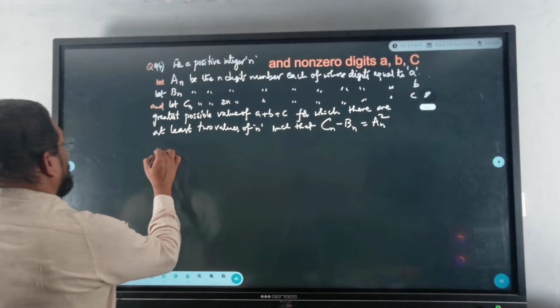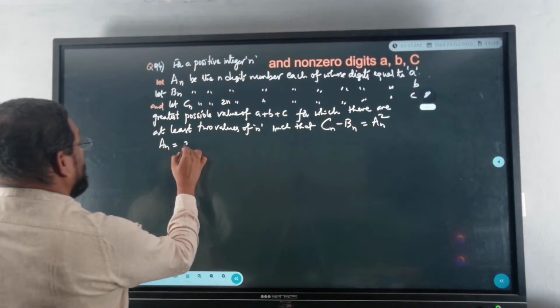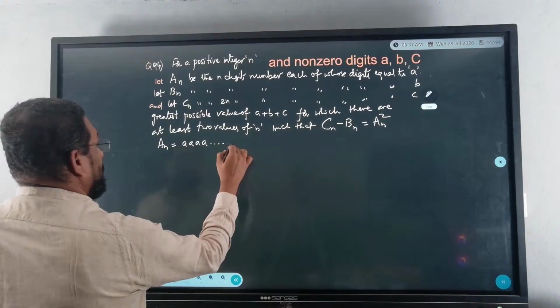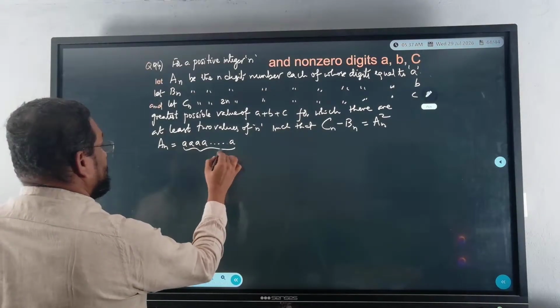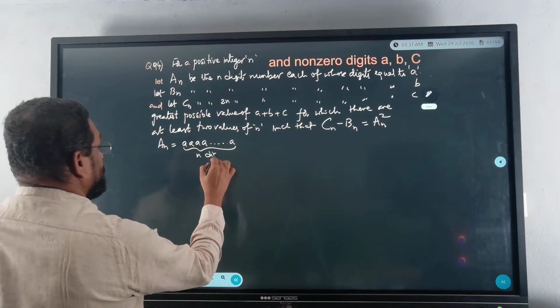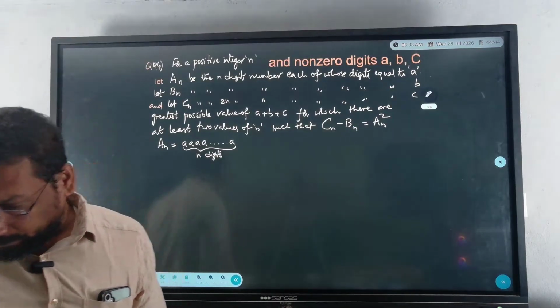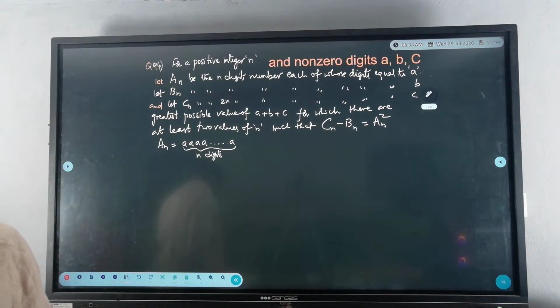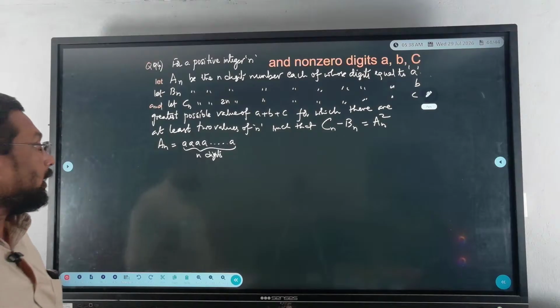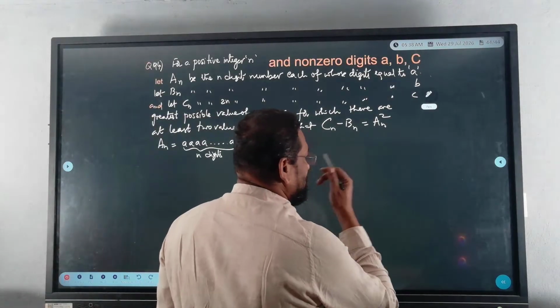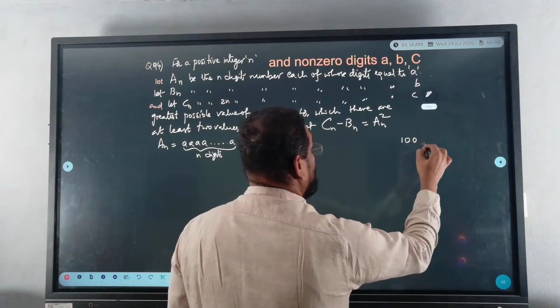See, here an is equal to these n digits. So how can you expand this? See, suppose 1000 is there.